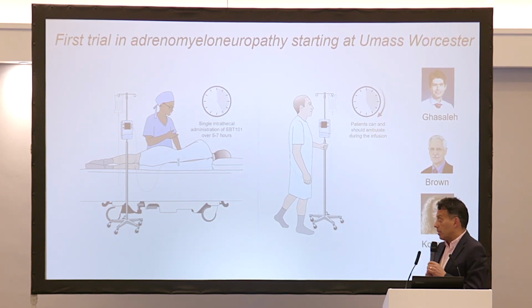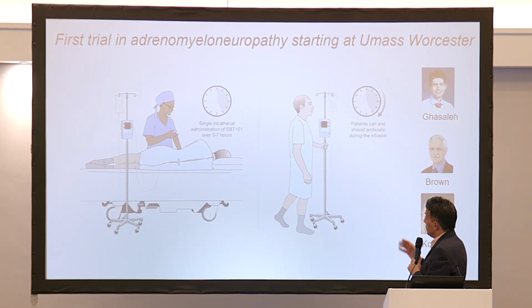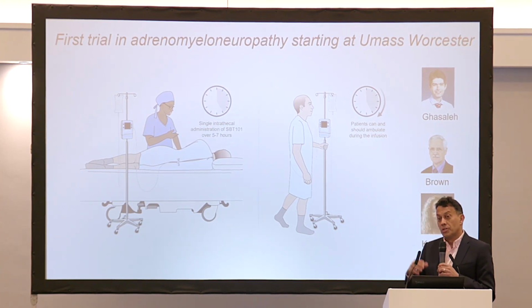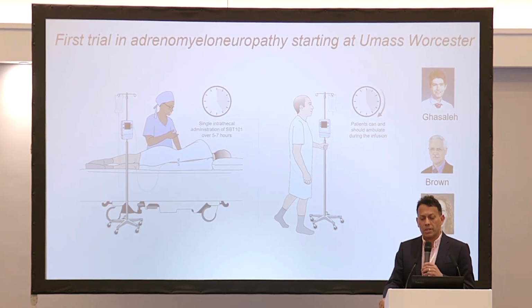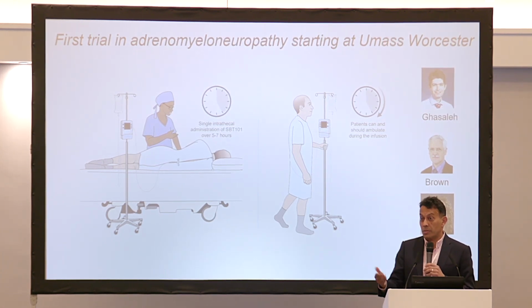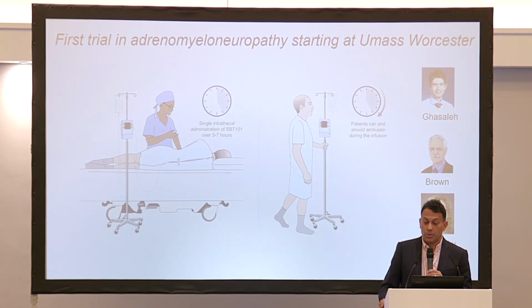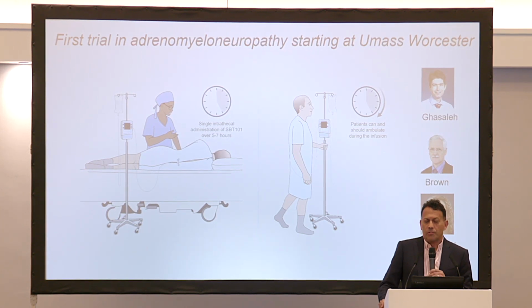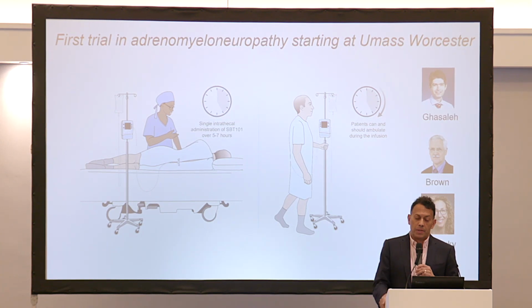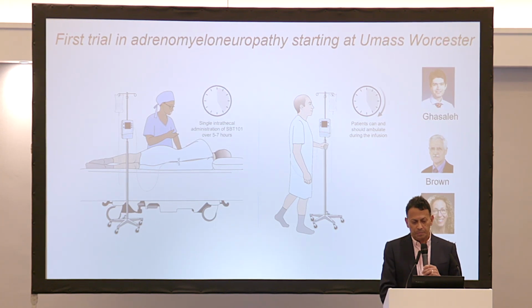As I mentioned before, it's a single intrathecal administration over 5 to 7 hours, and the patients should ambulate during the infusion. So it's different from some of the bolus administrations that you've heard about in the past, and also different from the intravenous or systemic administration in other studies, like I reported yesterday for Kahneman disease. The advantage here is we expect less systemic leakage and fewer immune responses because this is limited to the intrathecal space.